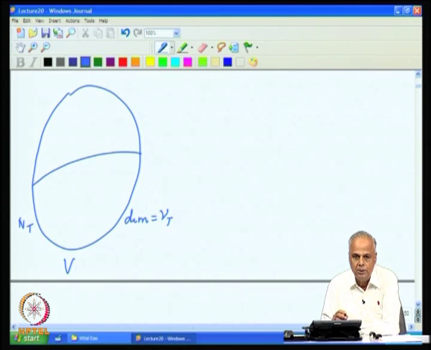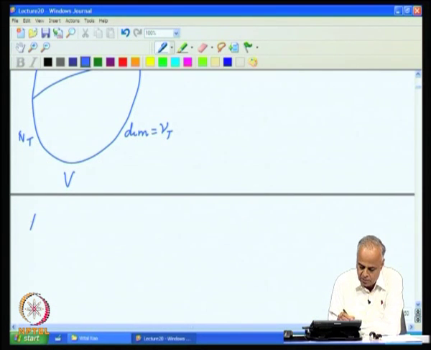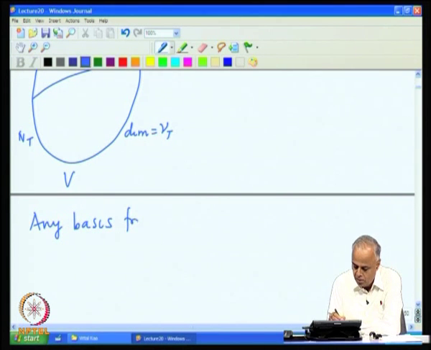If it has dimension nu of T, any basis for N of T must have exactly nu of T vectors.